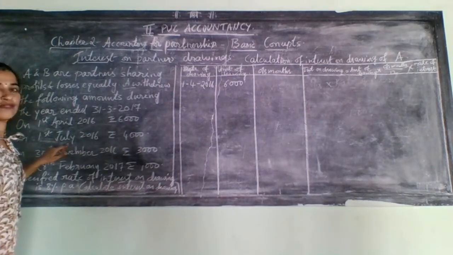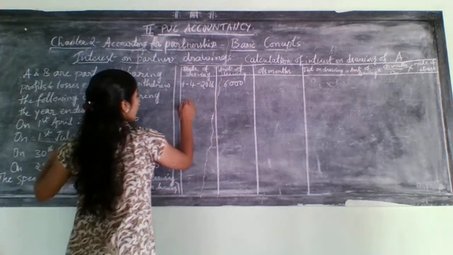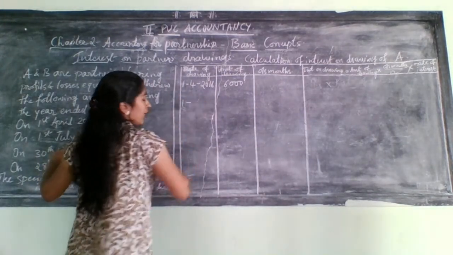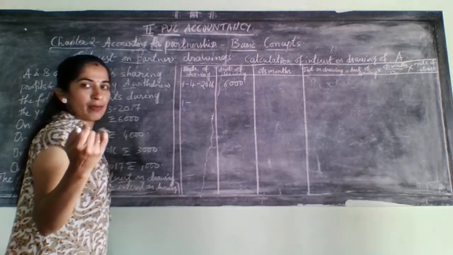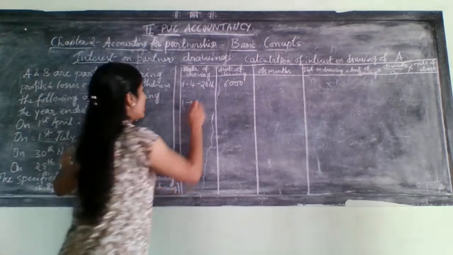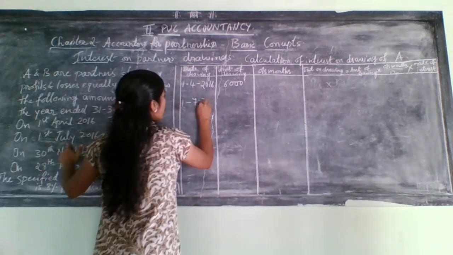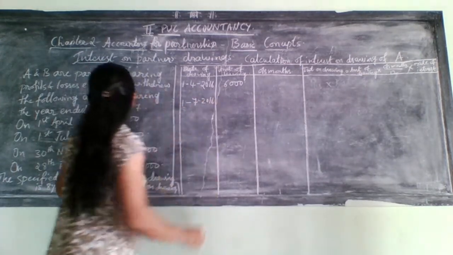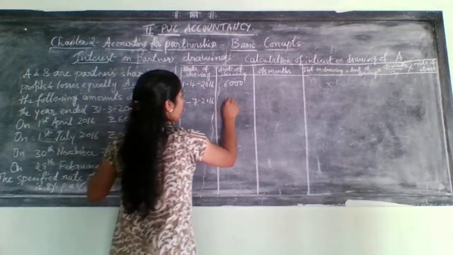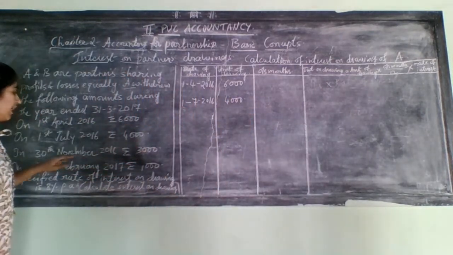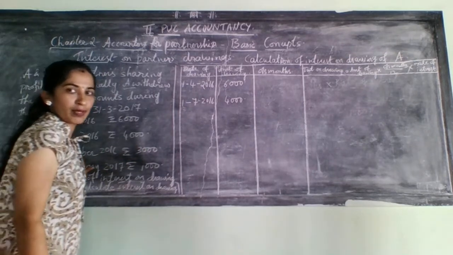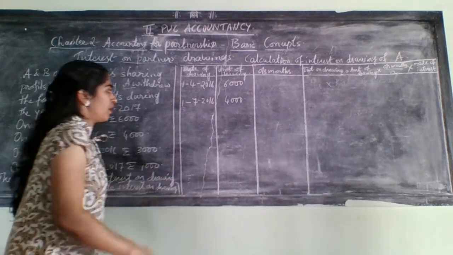Second date: 1st July. July means which month? January, February, March, April, May, June, July. So it is the 7th month. So 2016. Amount of drawing: 4,000. Next one, 30th November. 30th November means it is the last.